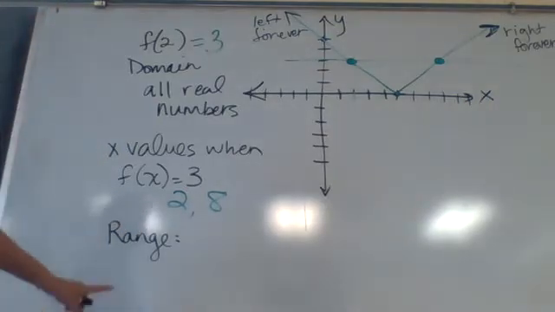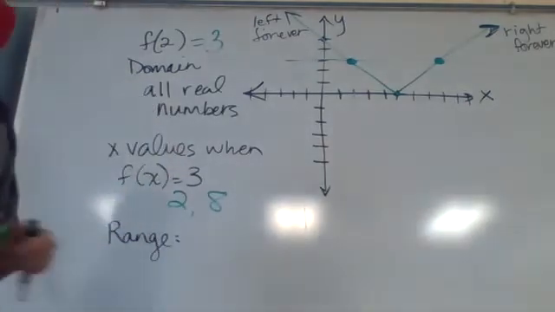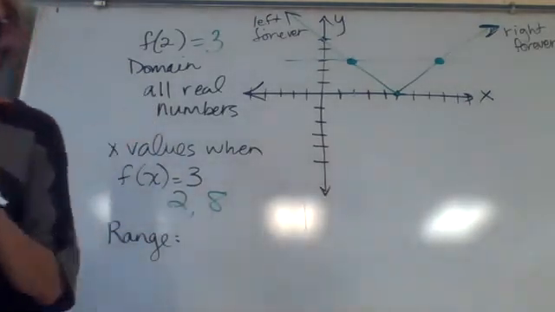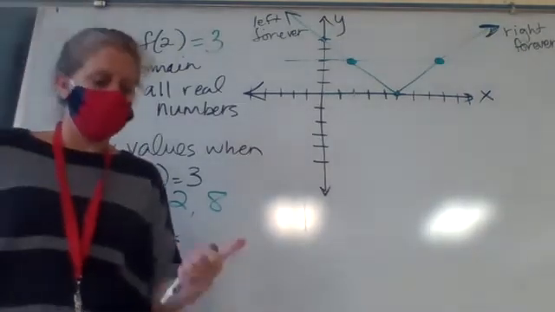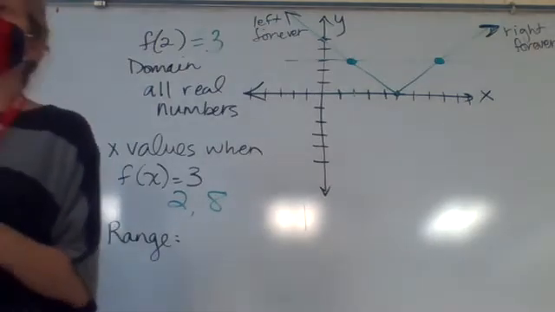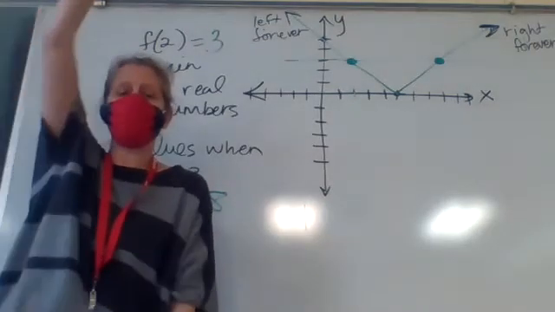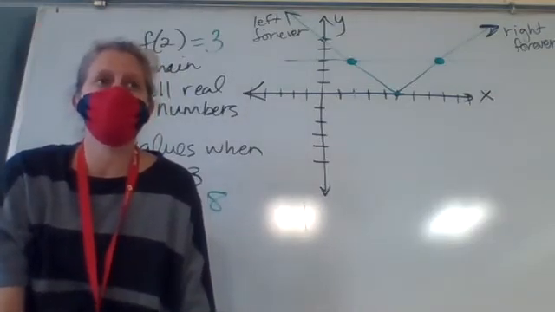Now, the range. Okay, I think this will help you understand when the domain or range is all real numbers or not. Because the range is not all real numbers. What does the range tell you? What's range? Your y's, right? Or in other words, how far up or down does this graph go?